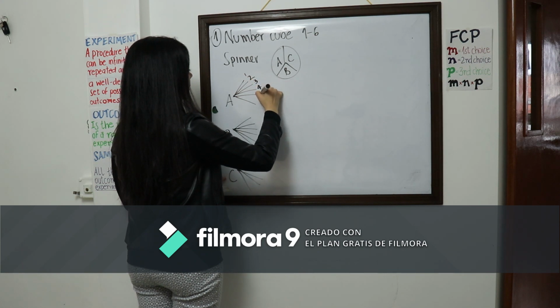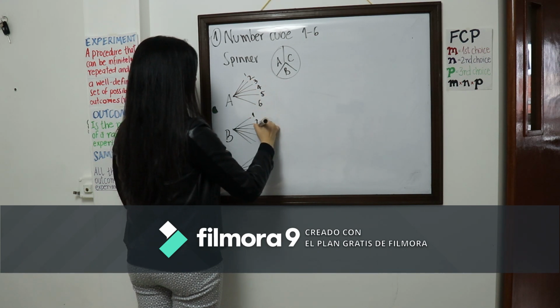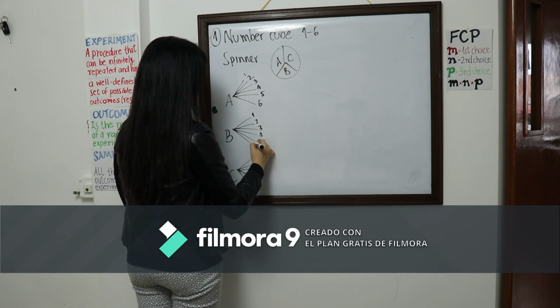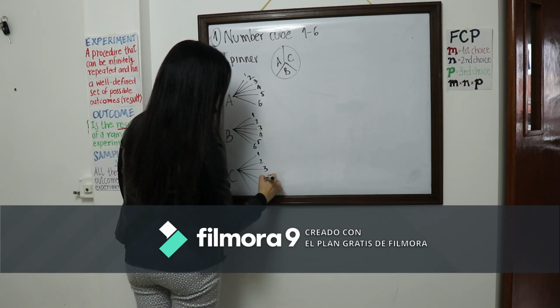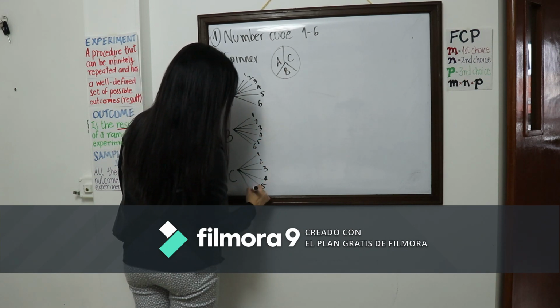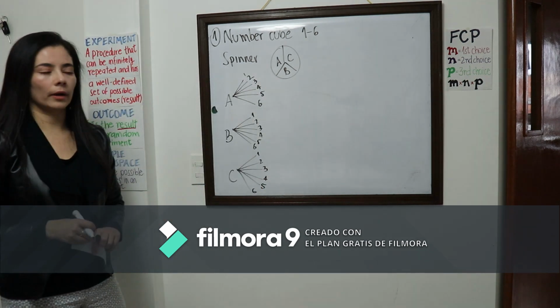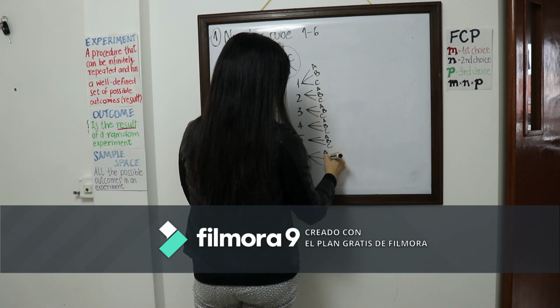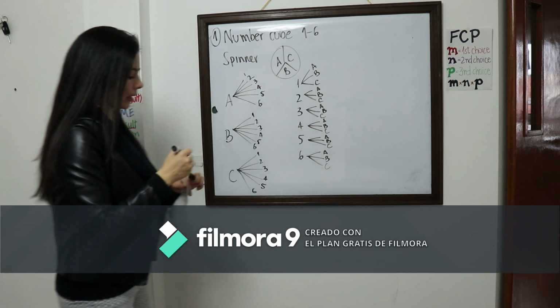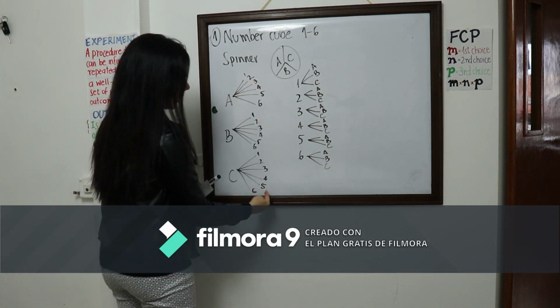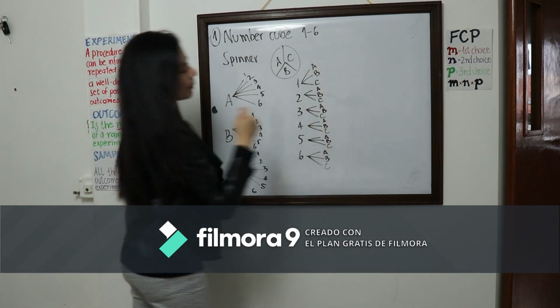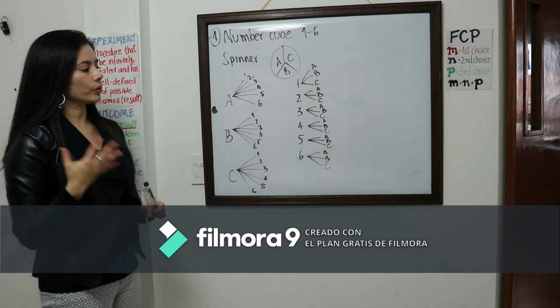Can I do it the opposite way? Sure. It's not a problem. You can actually do it the opposite way and you're going to get the same amount of possible options. Okay? So what is really important is that I'm actually getting 18 options here and I'm getting 18 options here. I need to see that all the time.